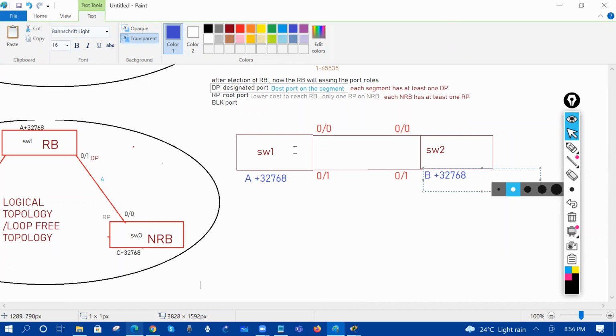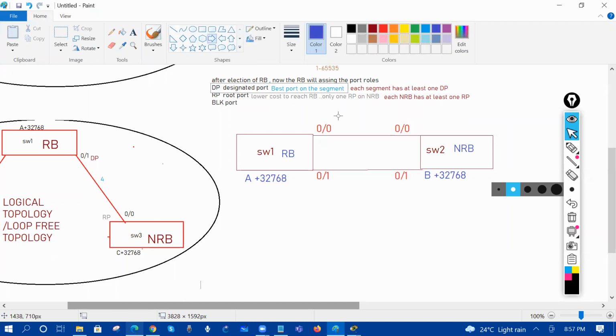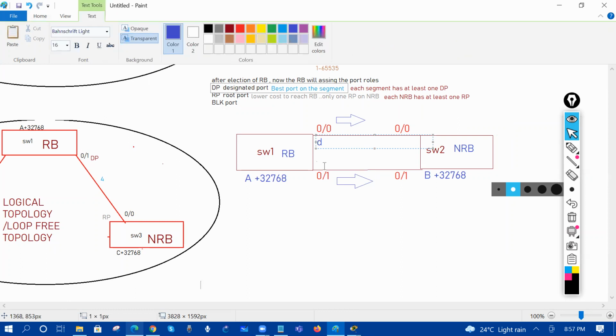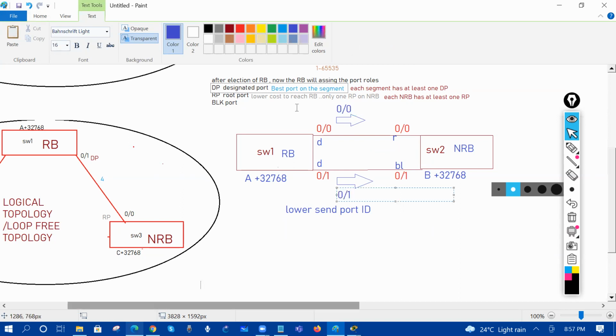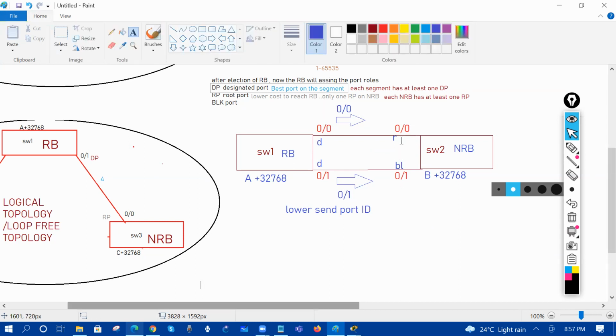So this guy will become the non-root bridge. He will send the BPDU and he will also send the BPDU, because right now the DP will send the BPDU, right? So these are DP, this is DP, right? So this becomes the RP and they are blocking. The reason is the lower sender port ID, because he's sending the information. In this case, he will put port ID 0/0 and he will send port ID 0/1. So who has the lower sender port ID? This guy. So this interface will become the RP, the 0/1.